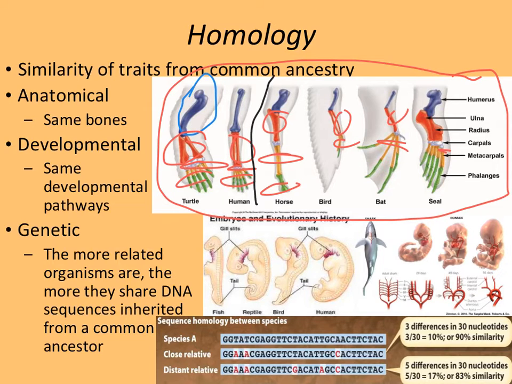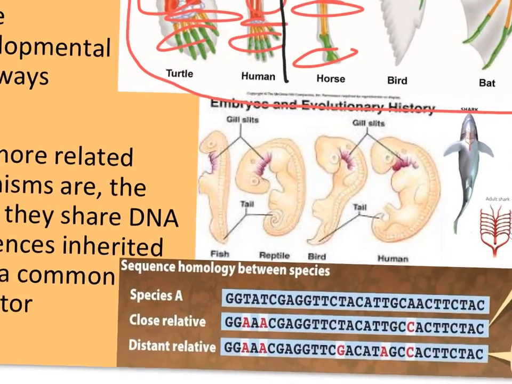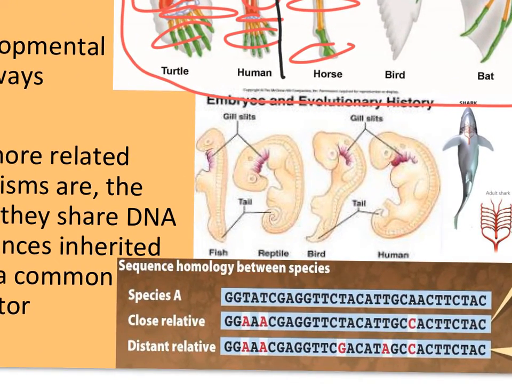Now, in terms of development, so this is embryology, and this is what a vertebrate embryo looks like. This area, those are all gill slits. Okay? Fish, of course, have gills.